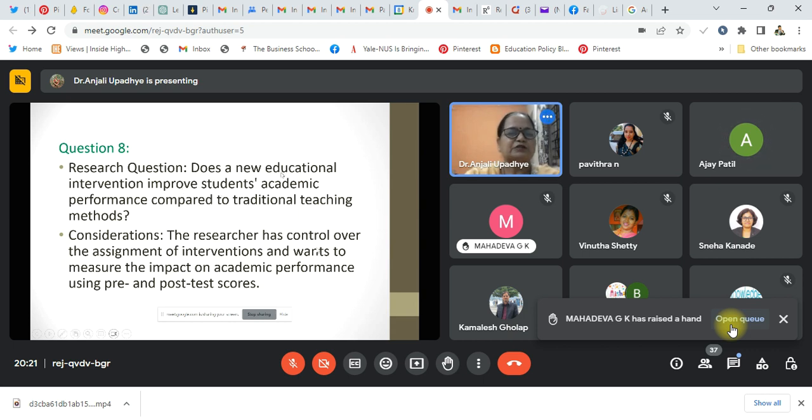Is it that the new educational intervention improves academic performance? Therefore, pre-test and post-test courses are there with the new method as well as the traditional method. Therefore, two groups are there, comparative two groups. Use the simple formula, P1 minus P2, Z alpha minus Z beta. That formula you can use here to calculate our sample size.